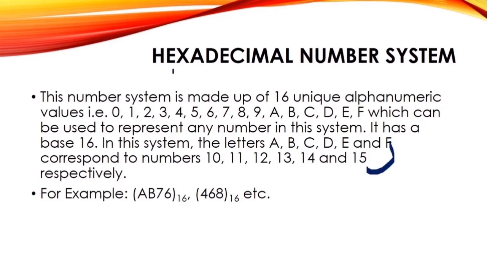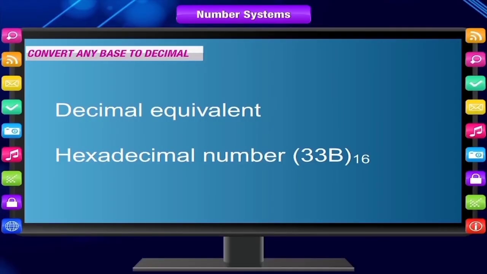Here are two examples of it: A, B, 7, 6, base 16. Here A is 10, B is 11, 7 and 6 are as they are. So, I hope you have understood the hexadecimal number system.